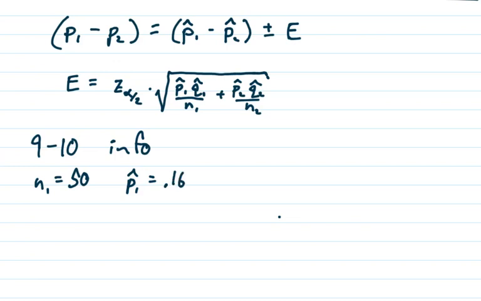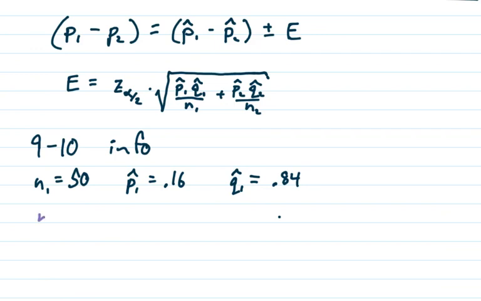Notice here we don't need to use x subscript 1 because we're not computing a weighted average. So all we really need to talk about is what is q hat, the complement of this one. So that's 0.84.